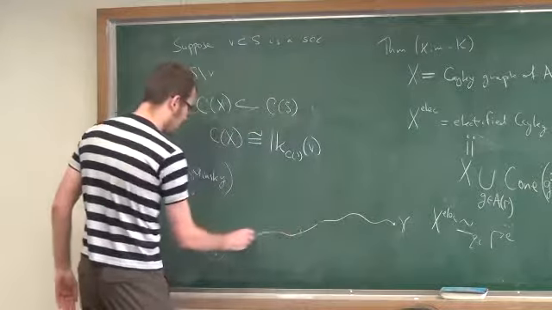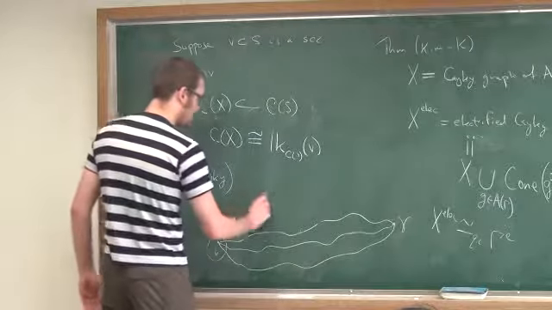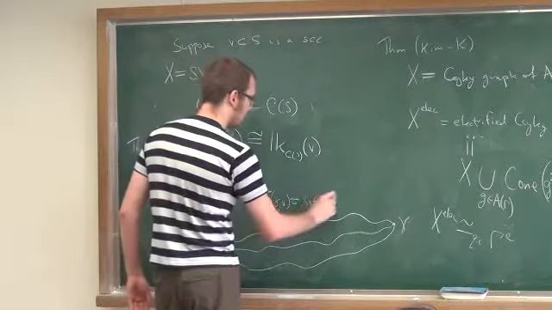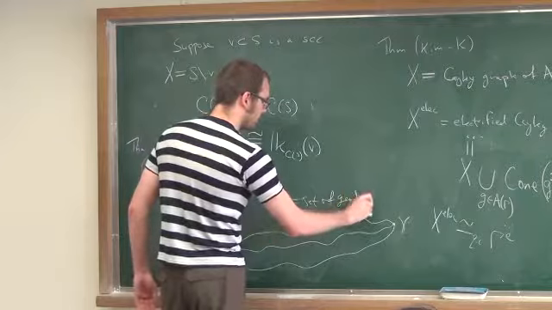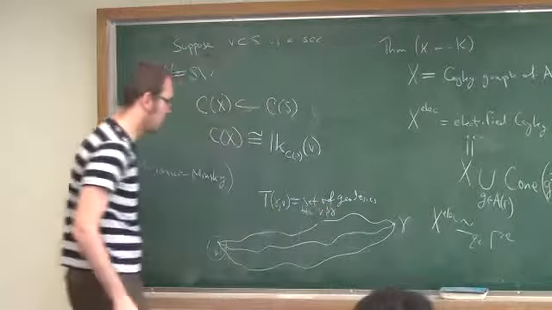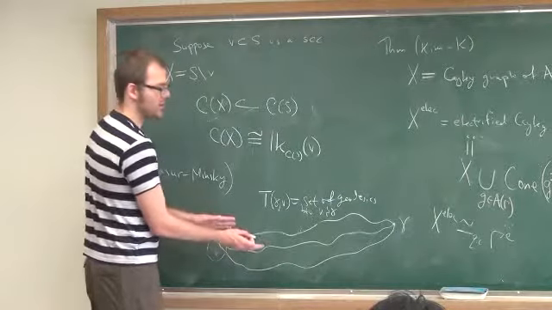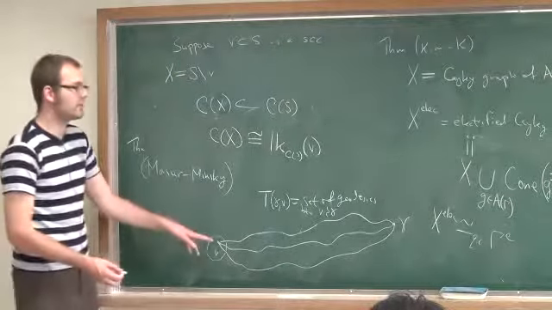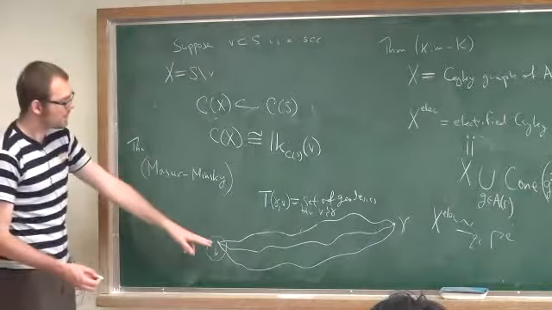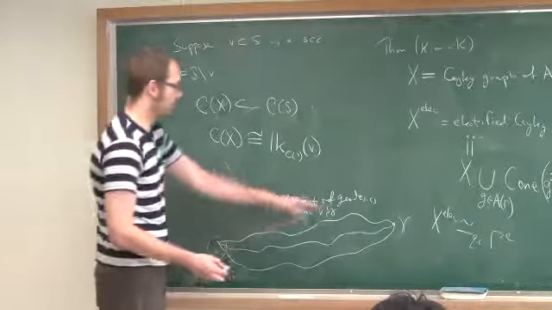You consider all the geodesic segments connecting gamma and V. So you have T gamma V, this is the set of geodesics between V and gamma. You can think of this construction as sort of a visual direction. You stand at V and then you look at gamma, and the curves that look most like gamma are the ones which you encounter first on a geodesic traversing from V to gamma.